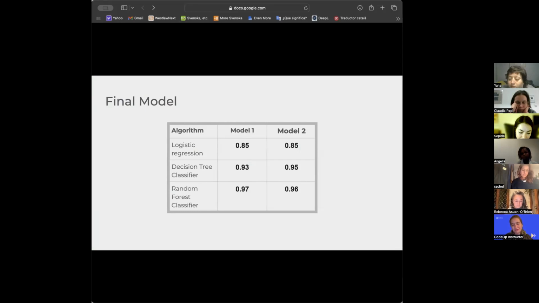In model 1, we have all the functional traits, while in model 2, we don't have the functional traits. It's based mostly on the conditions under which the seedlings have been grown. We went through the same process for model 2, and these are the recall values that we obtained for the different classification models. We find that the values are comparable to when we use the functional traits. Next slide, please.